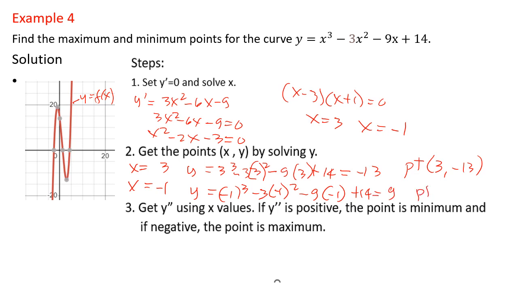So the point is minus 1, 9. Minimum or maximum? Get y double prime.